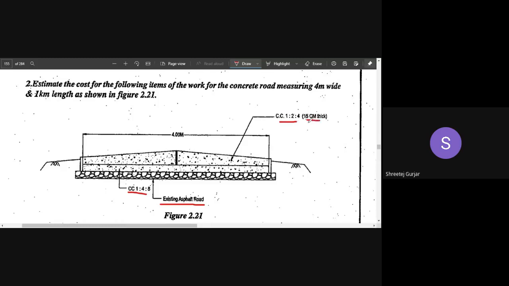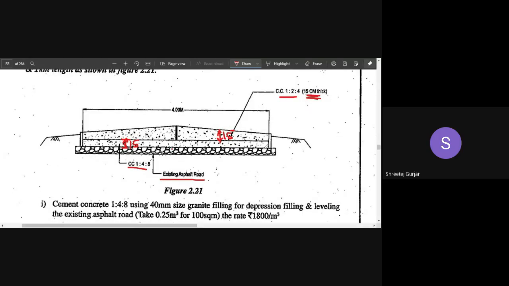This layer is 15 centimeter thick, average thickness, and the top layer is also 15 centimeter thick. In the exam they will provide you the details, but here they have missed it. They have not provided the thickness of your existing asphalt road.